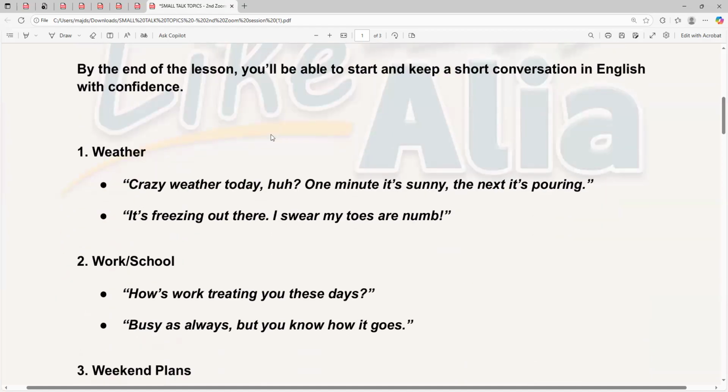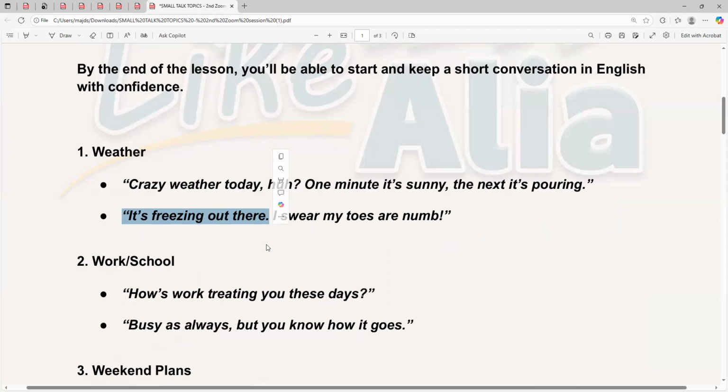To start with our first topic, we're talking about the weather. It's crazy weather today, huh? One minute it's sunny, the next it's pouring. Or you can say it's freezing out there. I'm not saying it is very cold or the temperature is so low or -3.